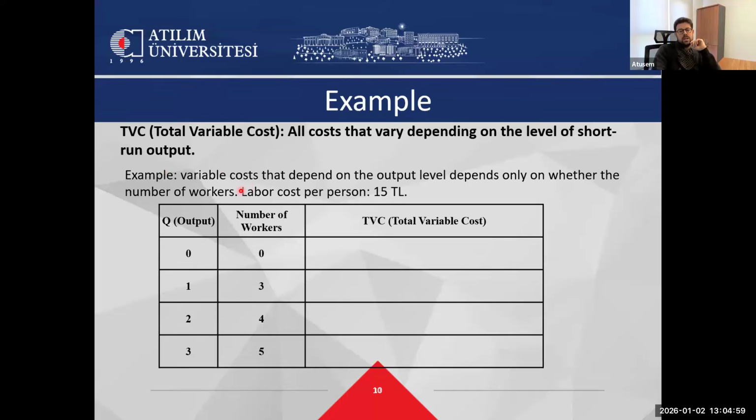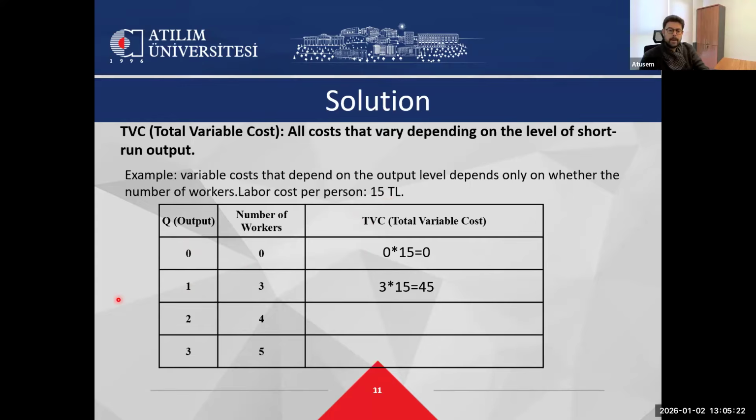Let's turn to the question that said one labor costs 15 Turkish lira. So at zero output level, we cannot use any worker or labor, so there is no variable cost. For producing one, we can use 3 labor, 3 multiplied by 15. 15 comes from the question. So it's going to go like that, 4 multiplied by 15, 5 multiplied by 15.